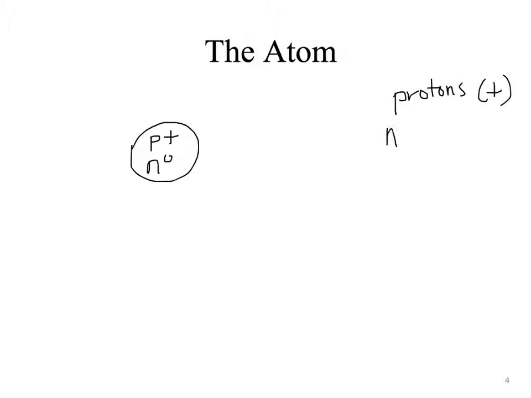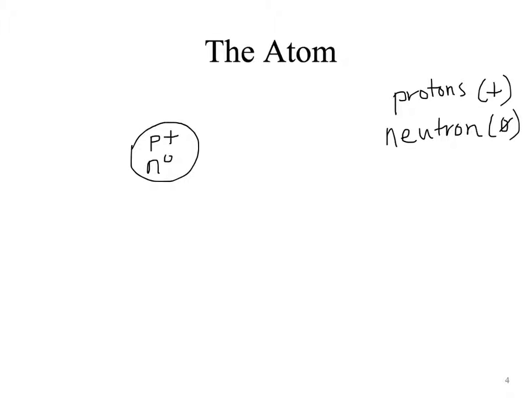The atom. The atom consists of a nucleus, and inside this nucleus you have protons and neutrons. Protons are positively charged particles. Neutrons are neutral, so 0 charge.